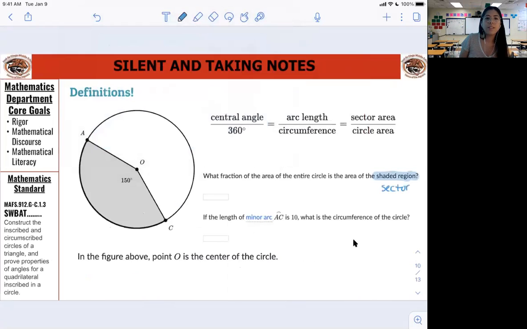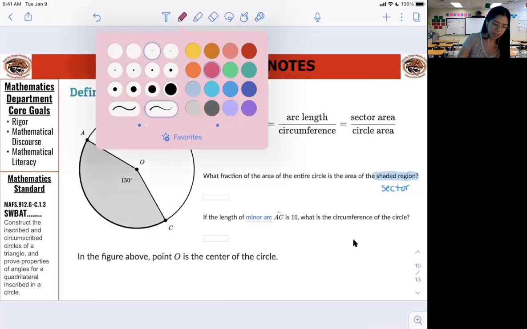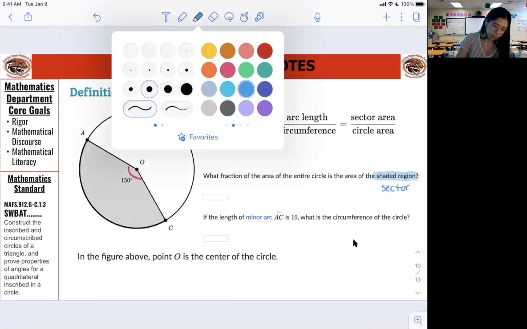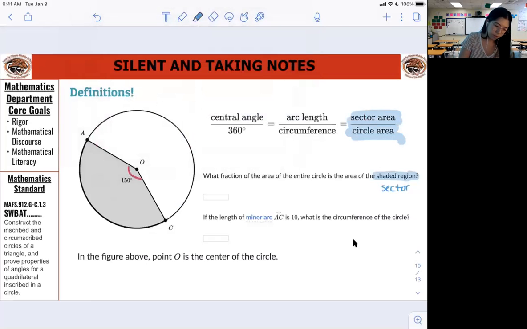What is the angle of the shaded region called? Central angle. We know that the central angle is 150. So which parts of this proportion should I use? The sector area over circle and central angle over 360. Perfect. Okay, let's do it.